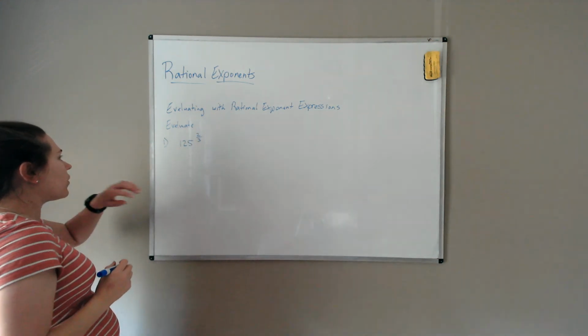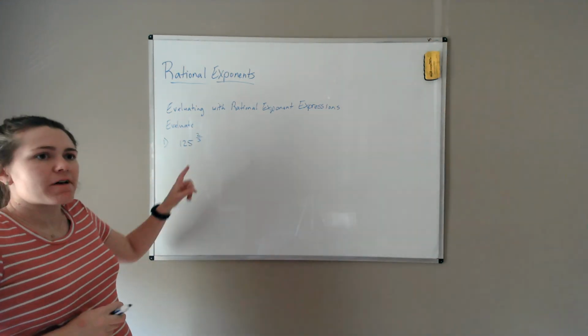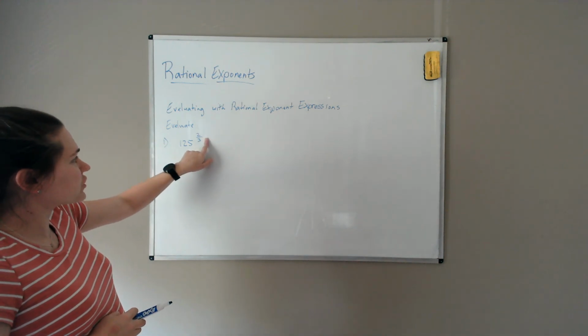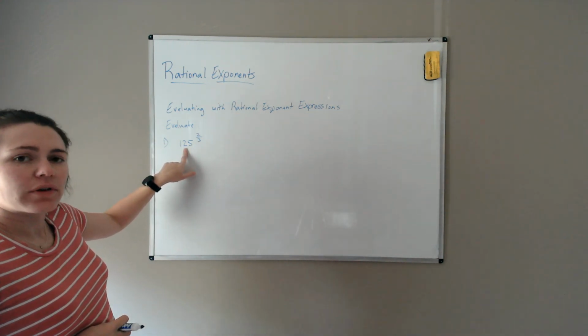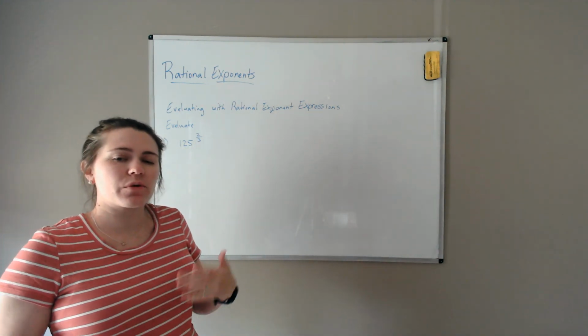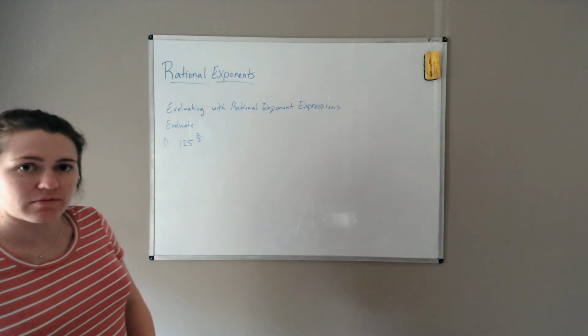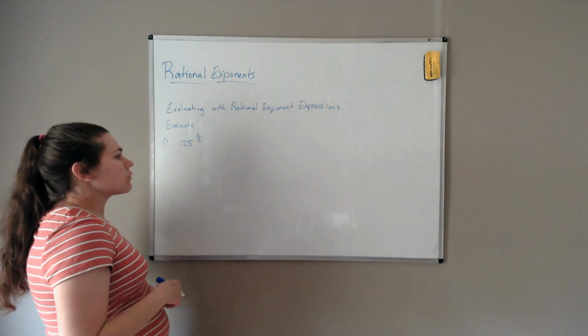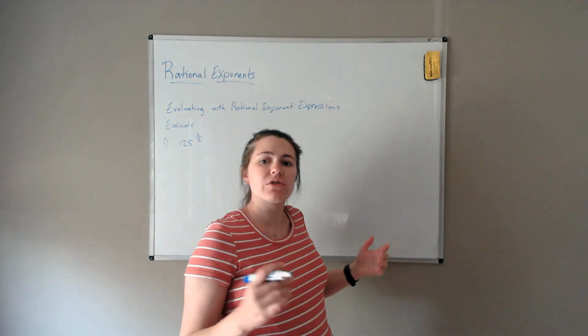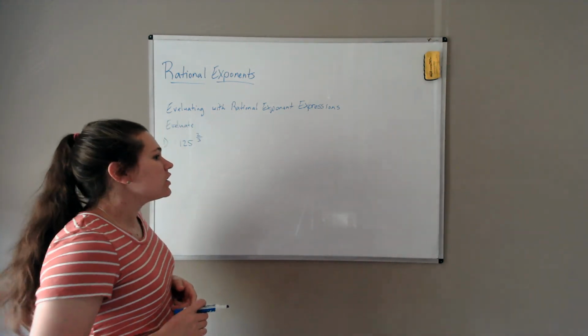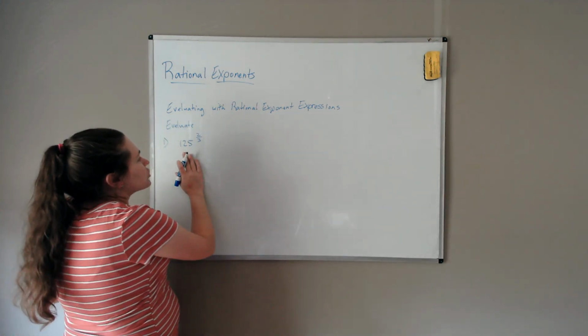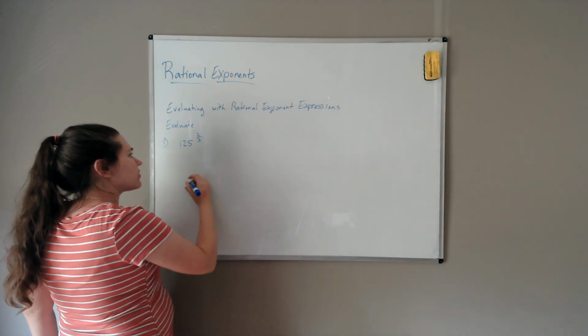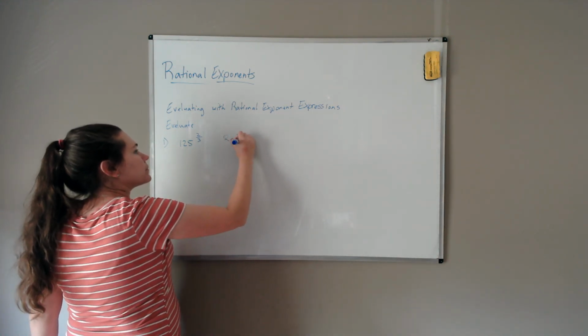where you have to evaluate, notice the factor that's raised to the fractional exponent is a constant. So we need to see if we can figure out what 125 to the 2/3 evaluates to. This is not 125 times 2/3. This is 125 raised to the 2/3. When you have to evaluate fractional exponents, you need to think about them in their radical form.